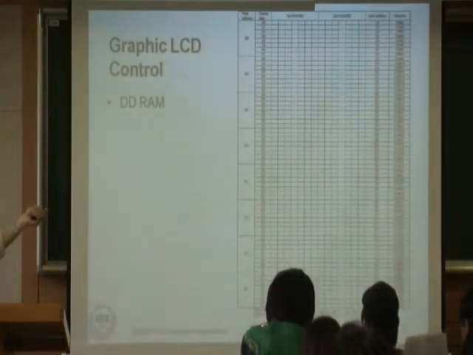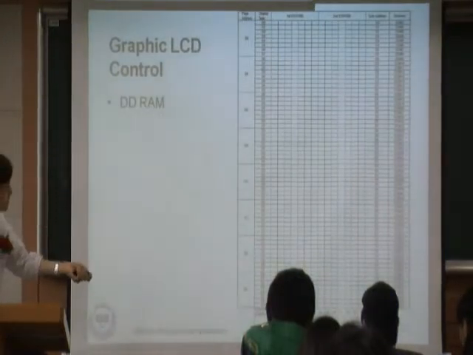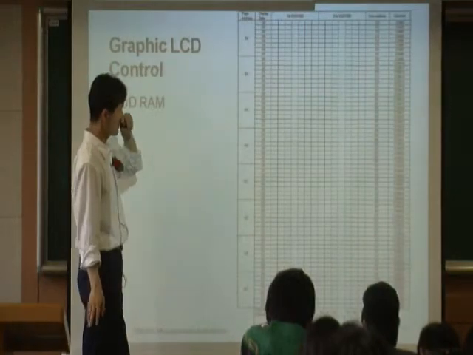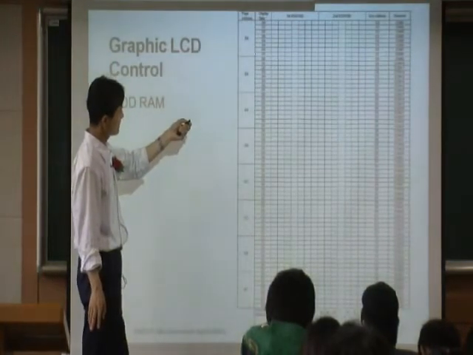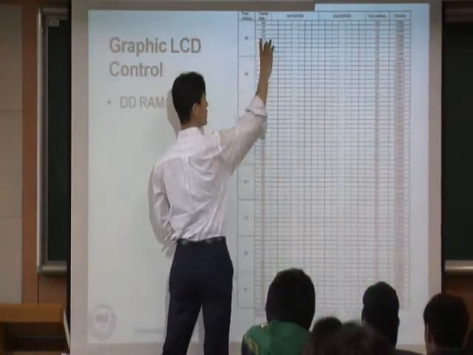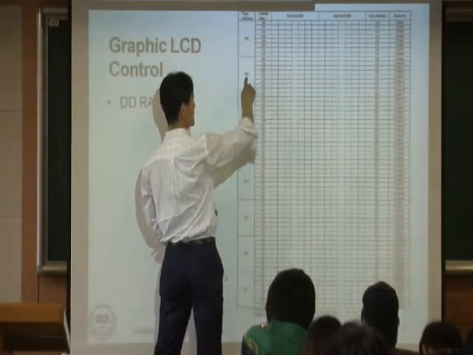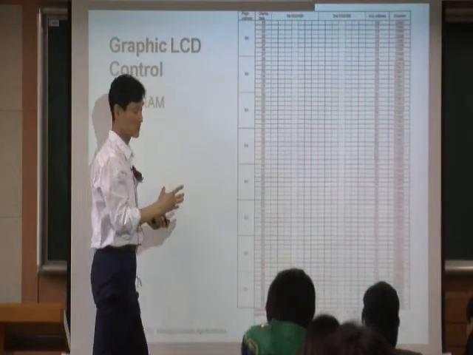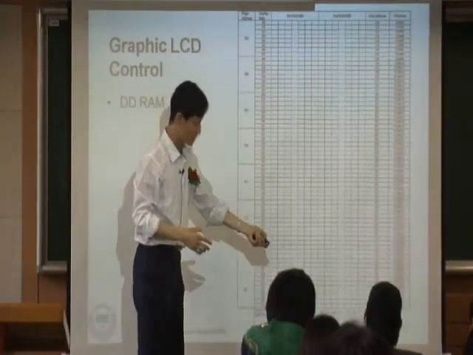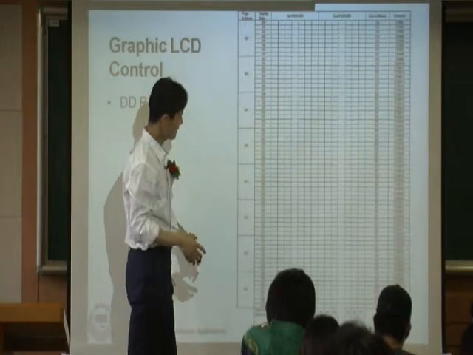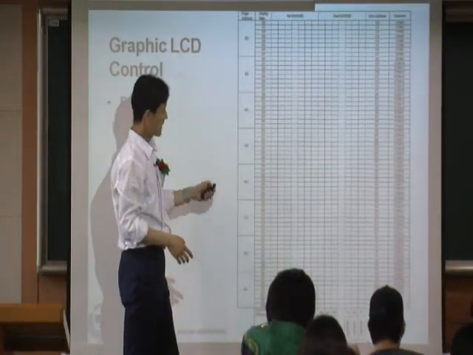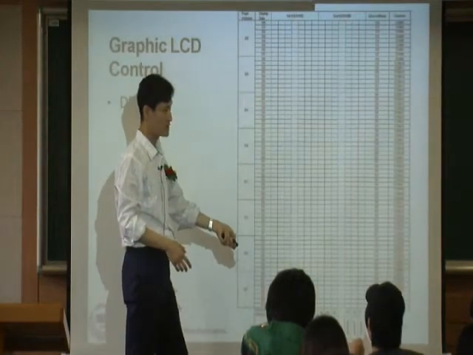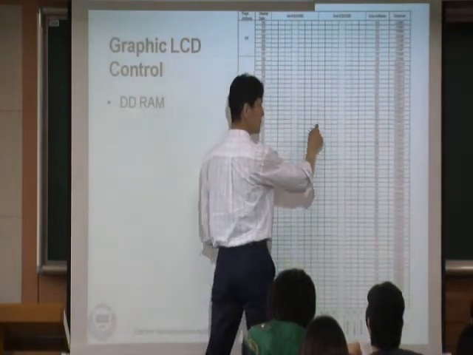So here in the graphic LCD, you will have a DDRAM like this. It looks like a bit of an ugly picture, but what it shows you is that this is 8 bits, another 8 bits, another 8 bits, and that's the address. See that page address? This is a byte address. And you also have this address here. You have an address on the column, an address on the row. So by selecting the column address and row address, you can select each of the bytes.